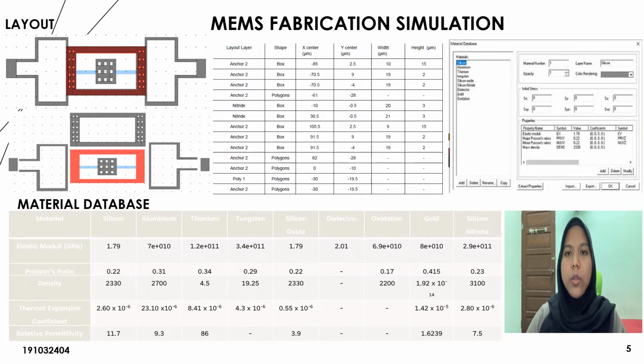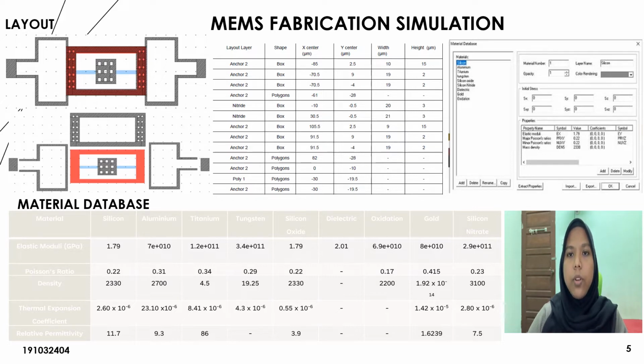A 3D view of the MEMS device is built from the device layout, fabrication process description, and material database. For the layout layer, it has N-2, nitride, and poly1. Next, the material database consists of 9 materials, which are silicon, aluminium, titanium, tungsten, silicon oxide, silicon nitride, dielectric, oxidation, and gold.